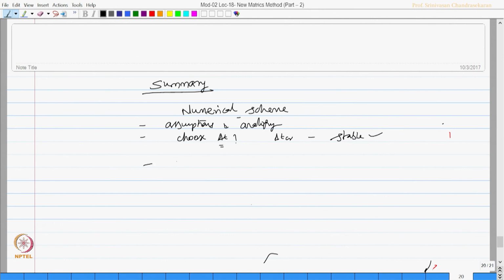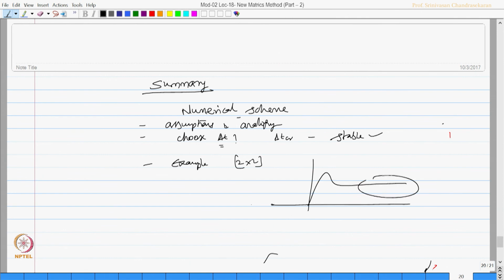We solved an example problem of a 2 by 2 matrix and we found out that after a long iteration the solution becomes stable. So, the computer coding is available to solve this problem.